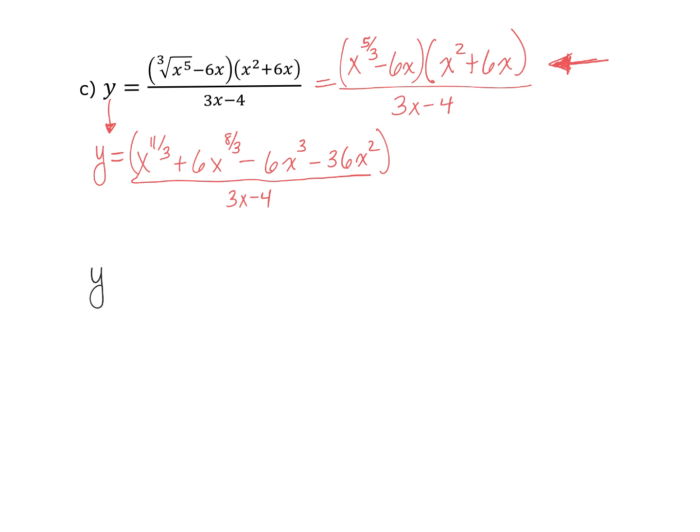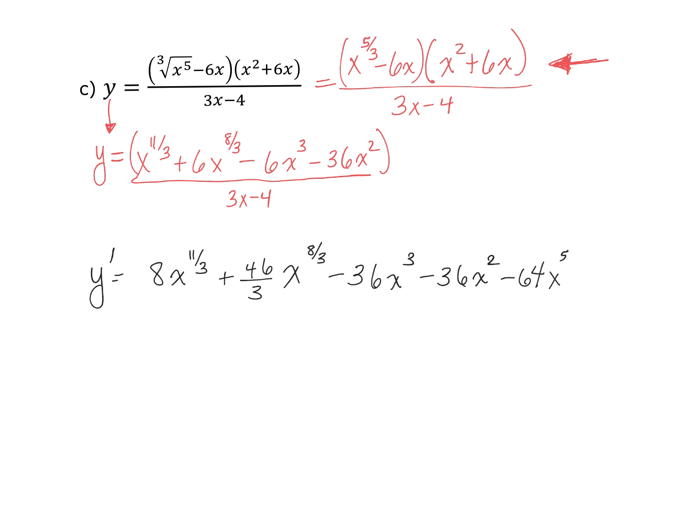When it's all said and done, you should get 8x to the 11/3 plus 46/3 x to the 8/3 minus 36x cubed minus 36x squared minus 64x to the 5/3 plus 288x all over 3x minus 4 squared.